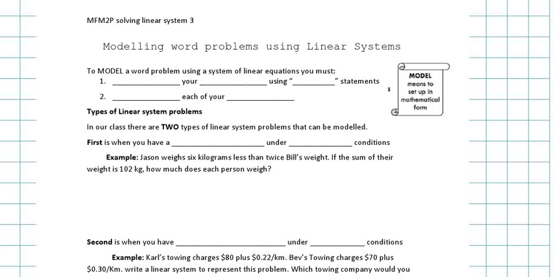The first thing you want to do is assign letters for those things. If I'm talking about time, I'll say let t equal time, so I don't have to write time every single time. Or if I'm talking about height, I would say let h be the height.